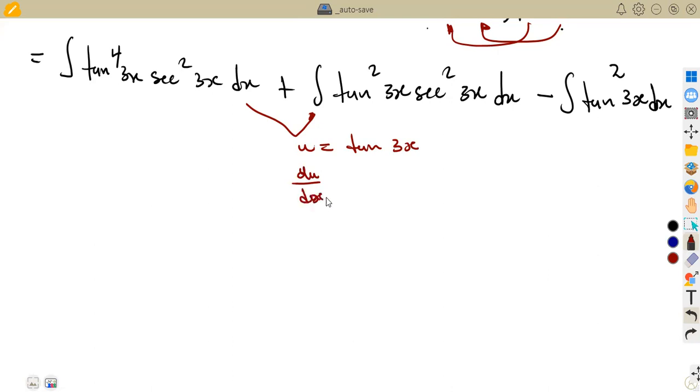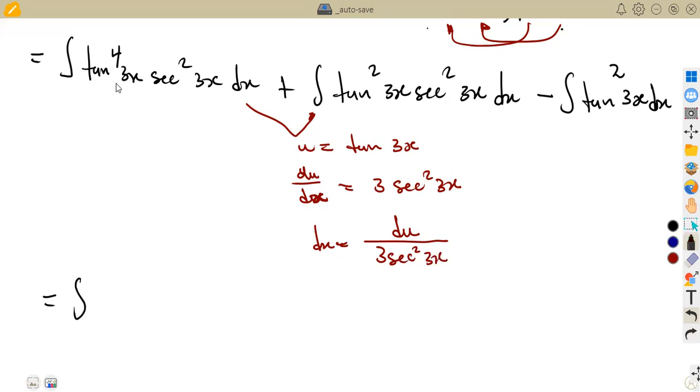The derivative of u with respect to x is equal to 3 sec squared 3x. So if we make dx the subject, it is going to be du over 3 sec squared 3x.